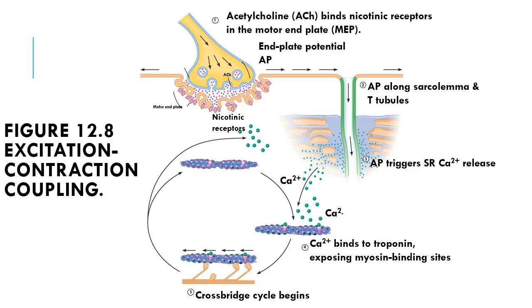Calcium from the SR in response to an action potential, which was initiated when there was first an end-plate potential due to the influx of which one? Sodium through our nicotinic receptors because of the presence of acetylcholine from a somatic nerve.